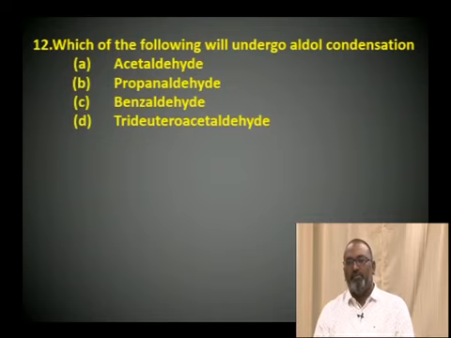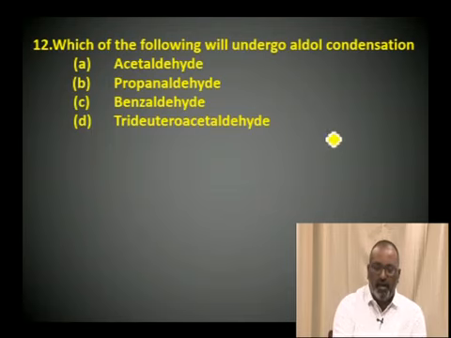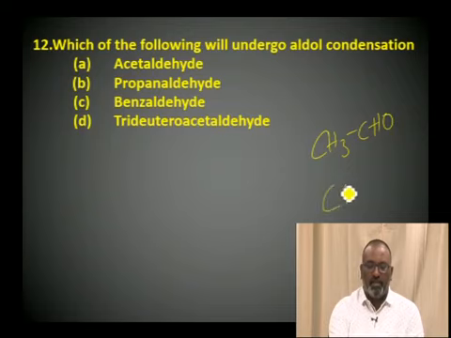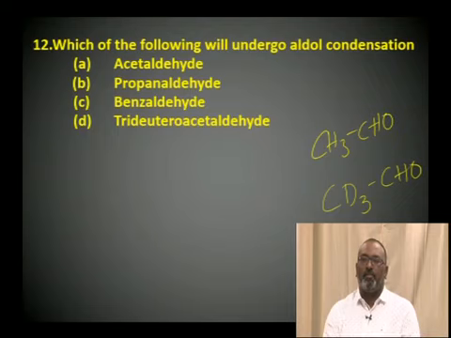You know that deuterium is one of the isotopes of hydrogen. In acetaldehyde, that is CH3CHO, if all these 3 hydrogens are replaced with deuterium, then it is called CD3CHO, trideuteroacetaldehyde.